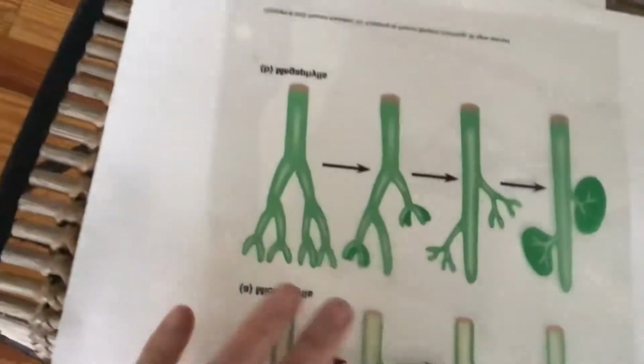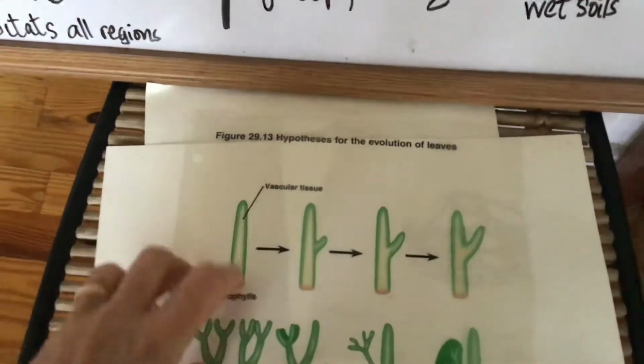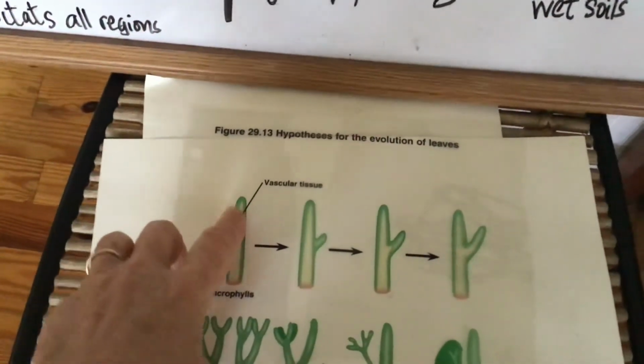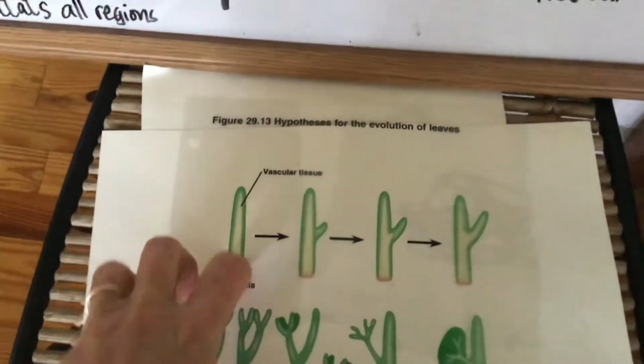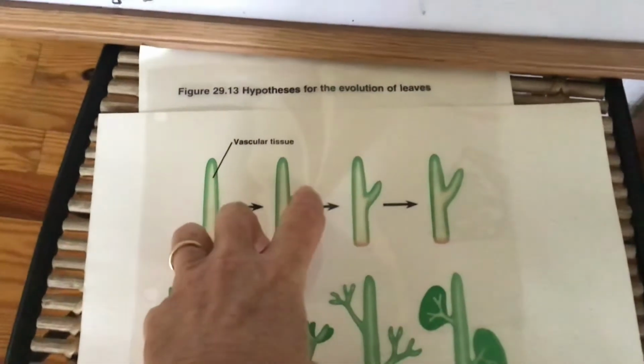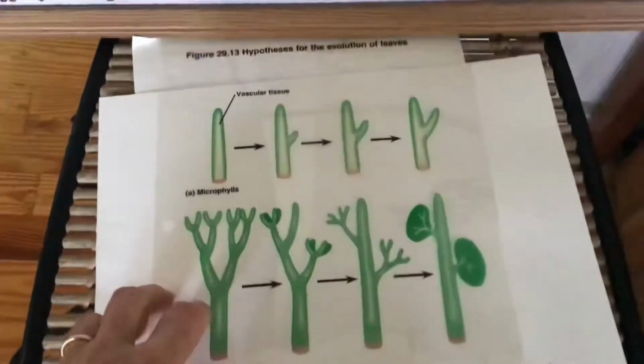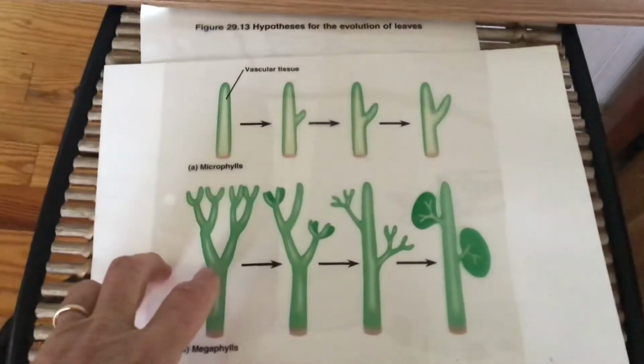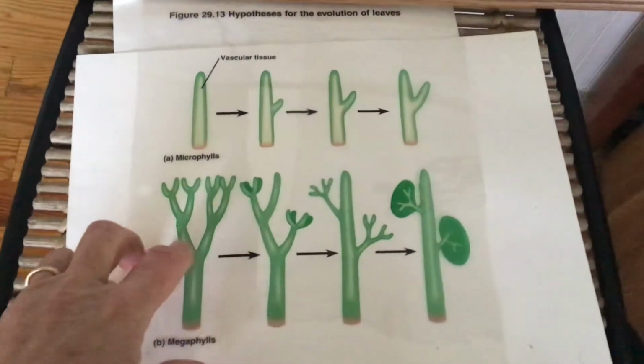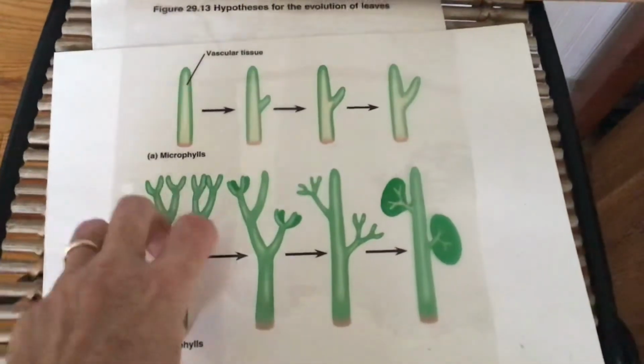Okay, so let's just look at this for a second. This is just the evolution of leaves. They're talking about if you had vascular tissue and just a stem, which horsetails are kind of like, basically a stem with projections that come off here and there. Then as plants got more established on land and were developing, they started branching these areas.